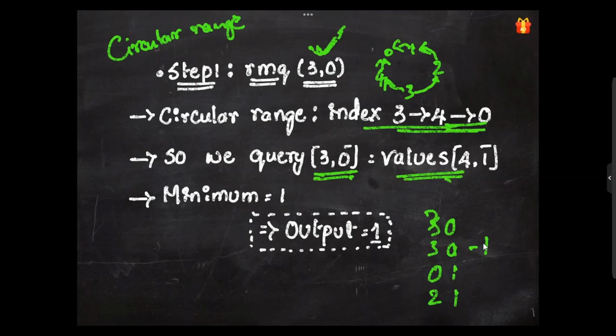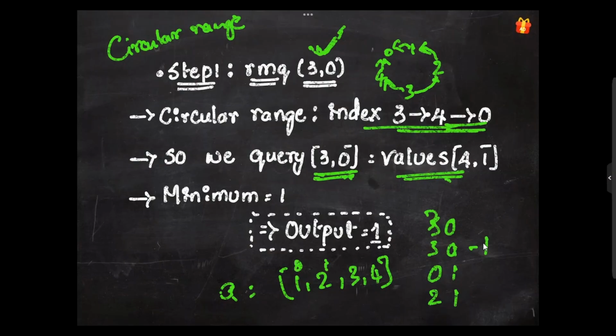The values for this one query, index 3 comma 0, because we have the circular array. We have the values of A equals 1 2 3 4 that we have been given. So index 4 consists of this one, index 3 comma 0 we are considering, right? Here we have to get the values 4 comma 1.